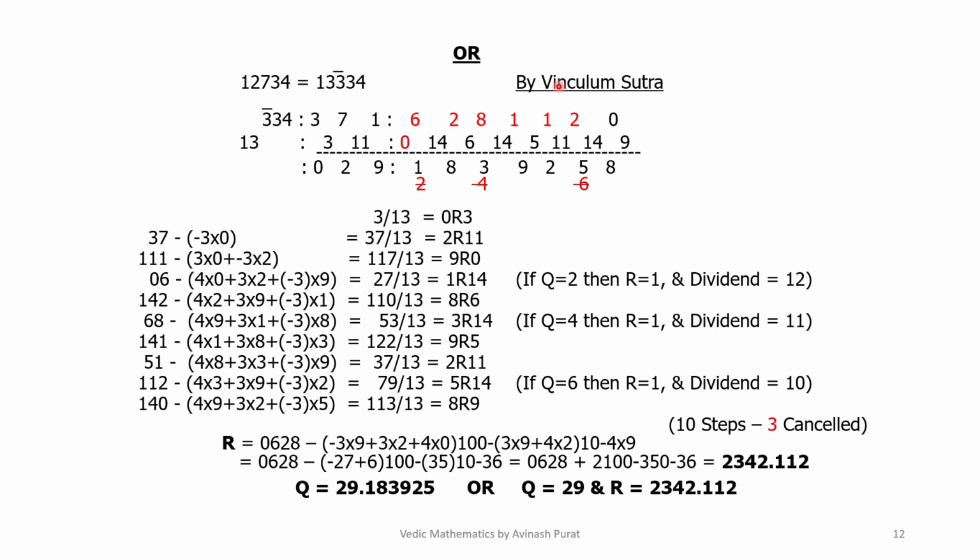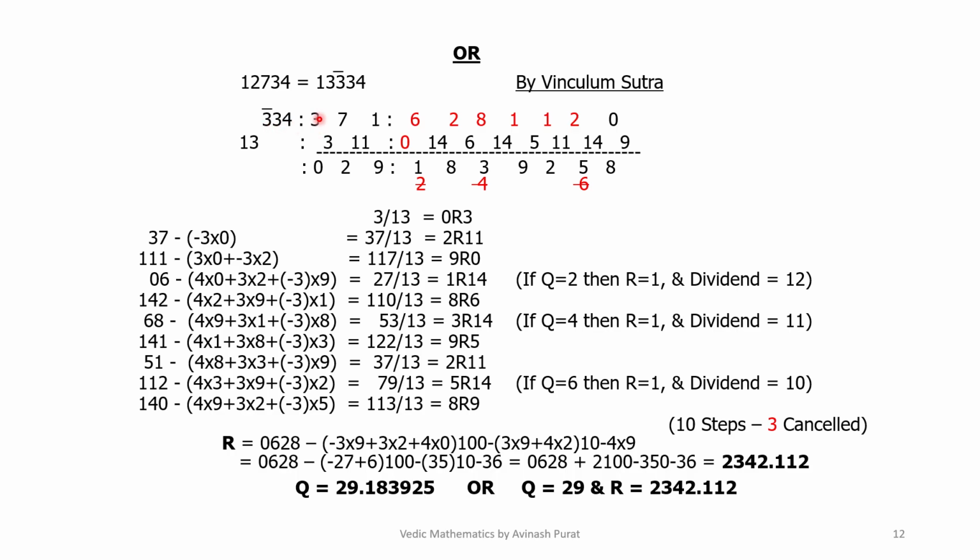Or we take help of the Vinculum Sutra. 12734 becomes 1 3 bar 3 34. So 13 instead of 12 becomes the first two divisors, and minus bar 3 or minus 3 34 becomes the Dhvajank, 3 digits.